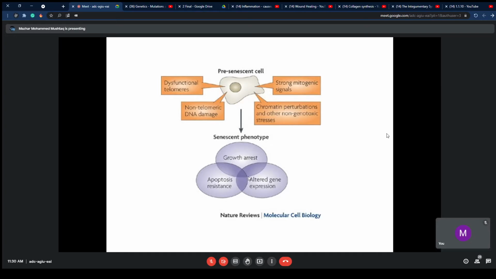It will no longer respond to the growth factor. It will not die either, because it is apoptosis resistant. And naturally, when it is not responding to the growth factor, there is a change in gene expression also. These are the things that cause the cell to become senescent.